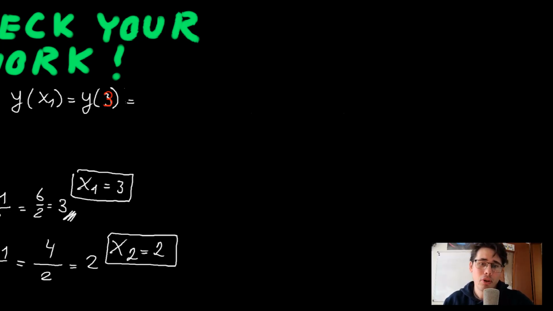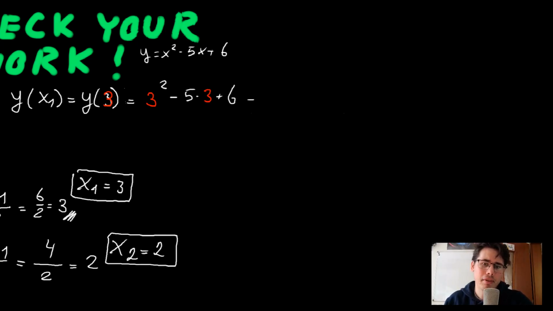Okay, so we have x squared minus 5x plus 6, and x becomes 3. So 3 squared minus 5 times 3 plus 6.